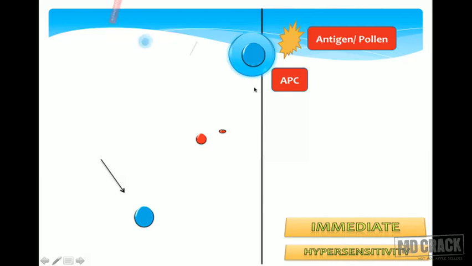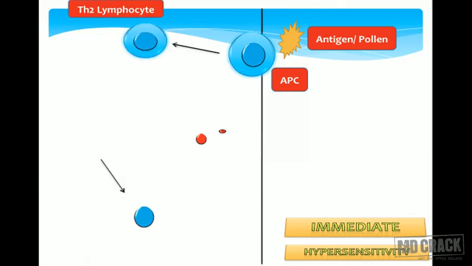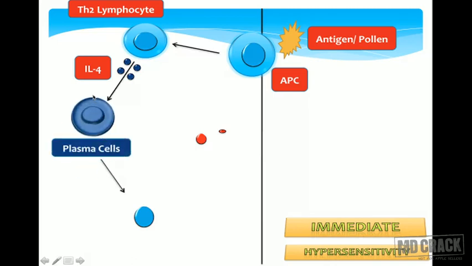They recognize this antigen and present it to the T lymphocytes. T lymphocytes get activated and keep secreting various interleukins like interleukin 4. Interleukin 4 attracts the B lymphocytes, which are converted into plasma cells. The plasma cells, as you know, secrete the antibodies. So IgE antibodies are secreted by the activated plasma cells.